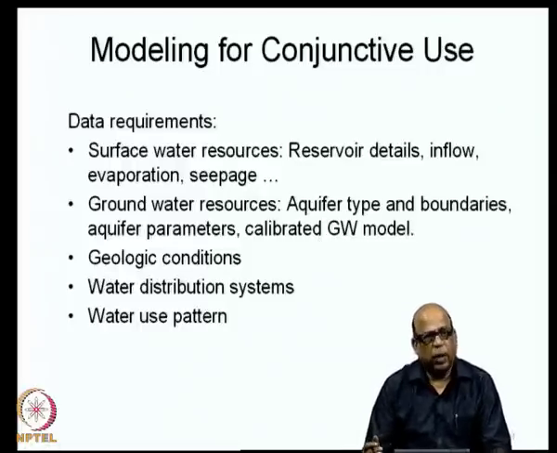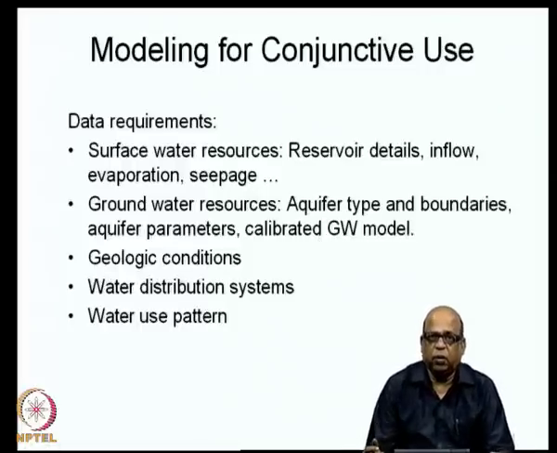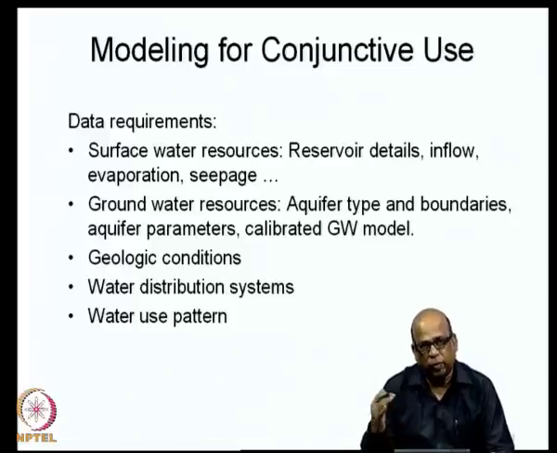With that background, now we will see how we formulate simple systems models for conjunctive use of surface and groundwater. So, typically you will have a surface source, you may have several surface sources, but the surface source may consist of a surface reservoir. There may be a dam with a canal network and so on.